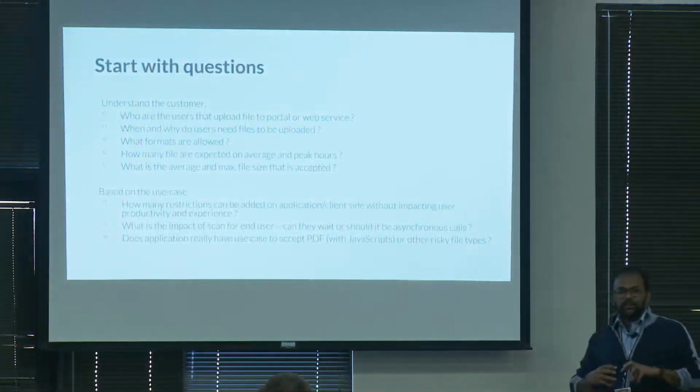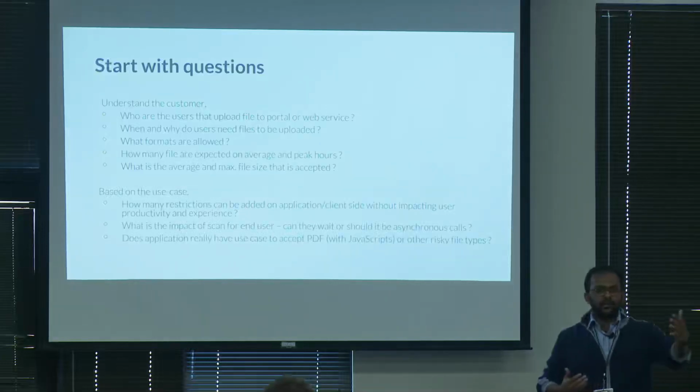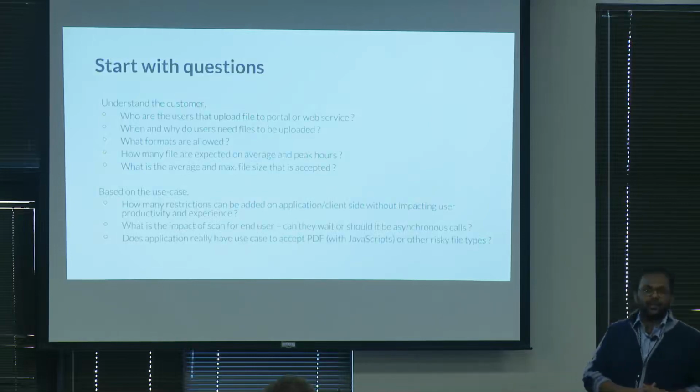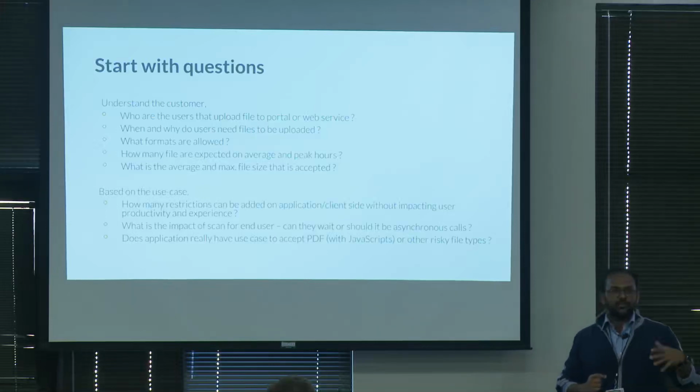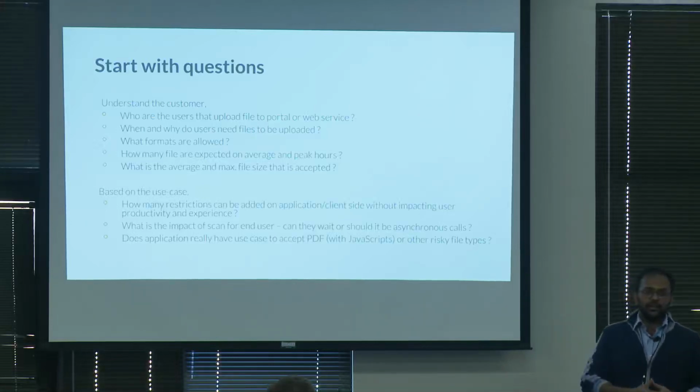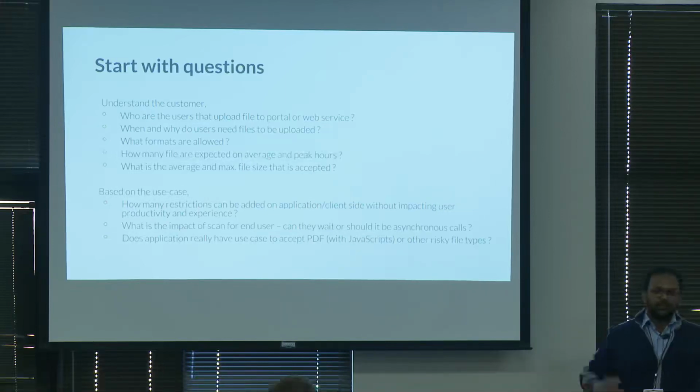And when we start designing the solution, it's important to look at the customer. We cannot just block PDFs because they have malicious URLs or embedded scripts. So it's really important to ask the web application owners who the users are who upload the file, what the valid business file formats are that the application will need, and also talk about the file size and the traffic that the application really wants.